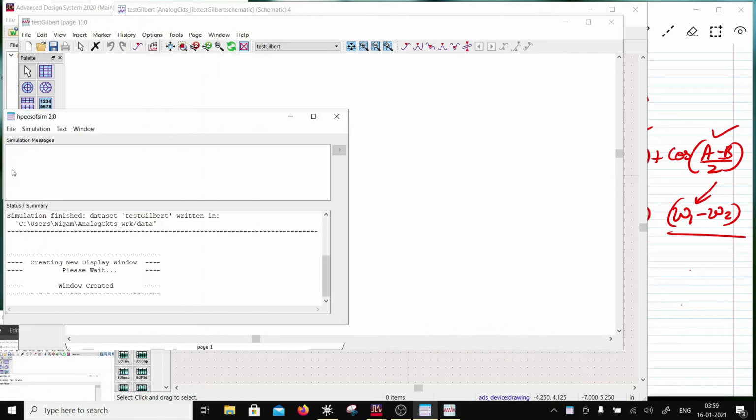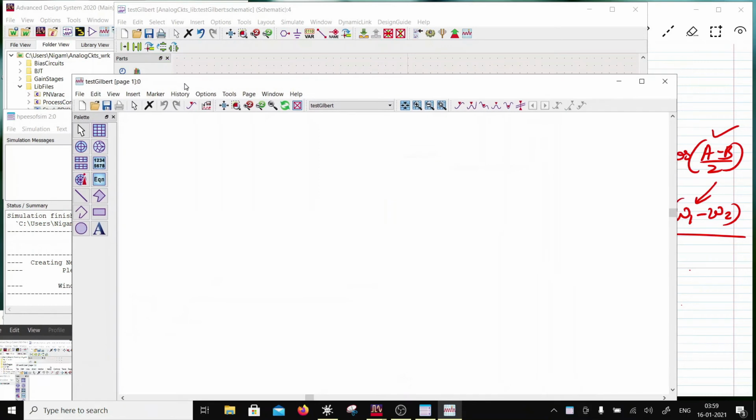We didn't get any errors. Now we have to look at the output power, P out. To do that, I am going to look at P out.